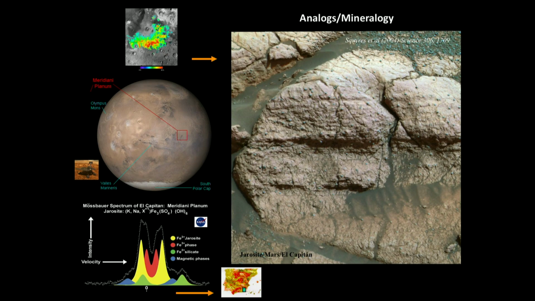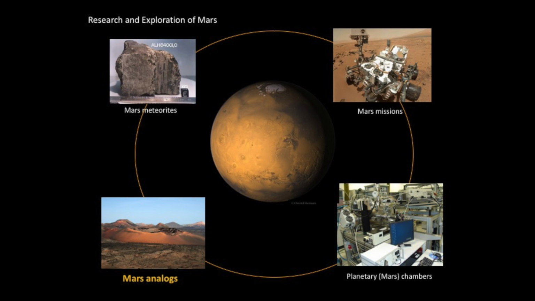Oh, probably you remember this picture. This picture is the outcrop named here, with this name in Spanish, El Capitán. El Capitán was the discovery made by the Opportunity rover, which was one of the twin rovers. The Spirit was directed to a model linked to a paleo crater with evaporitic materials.